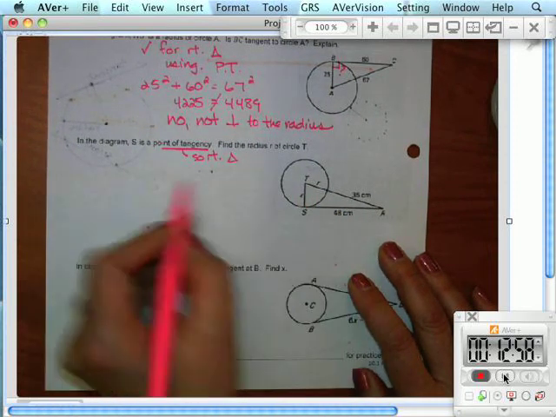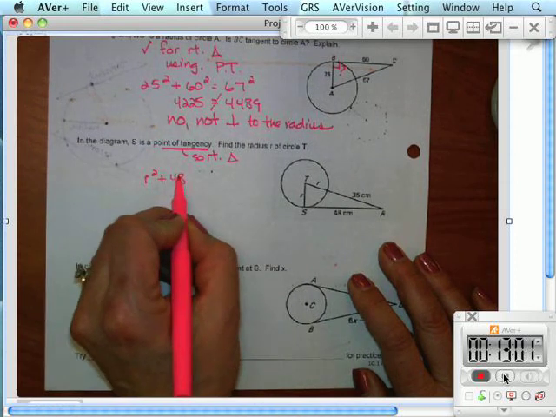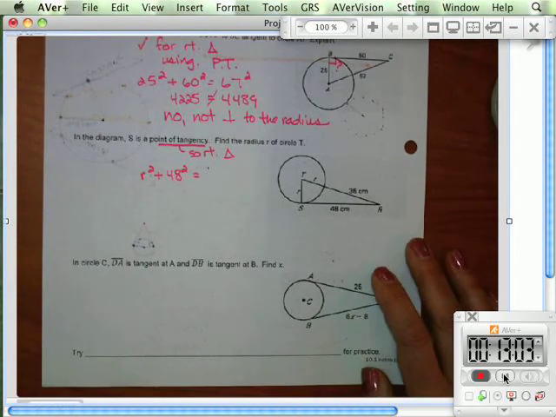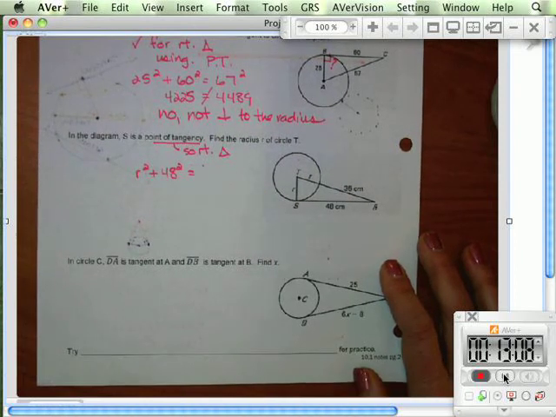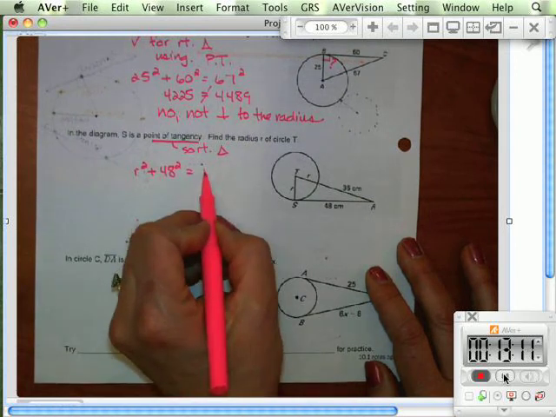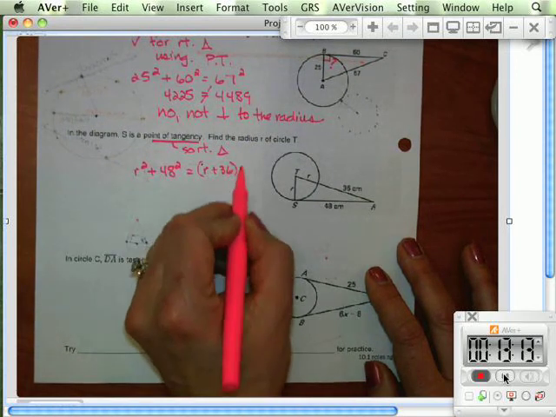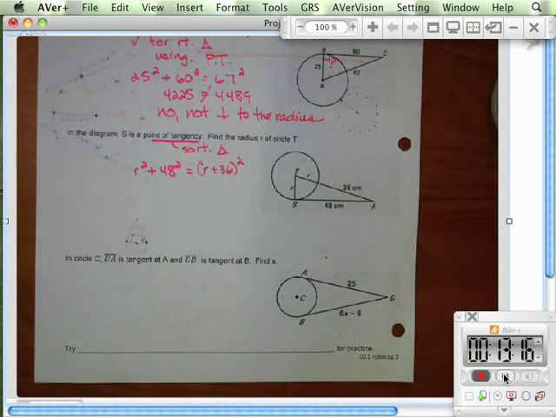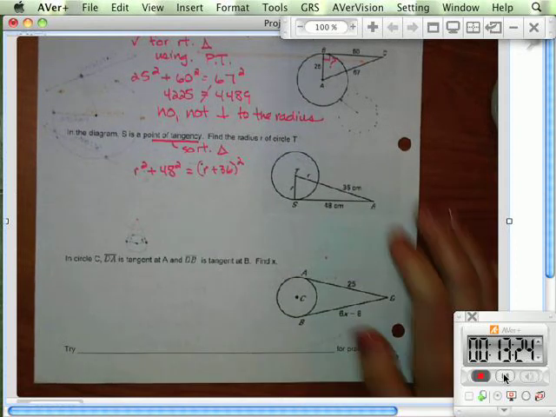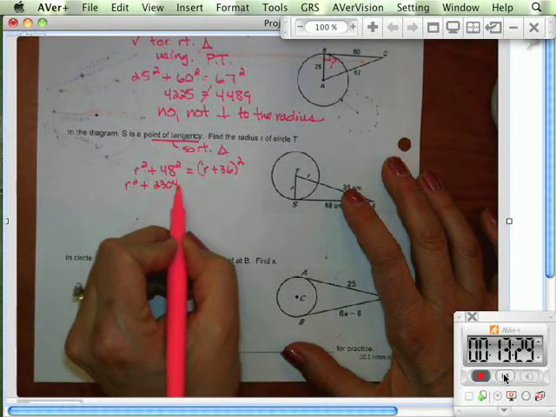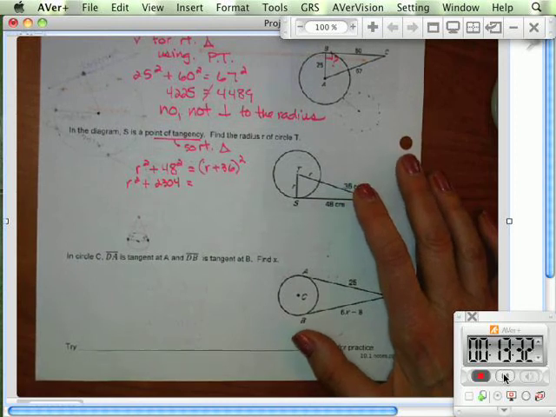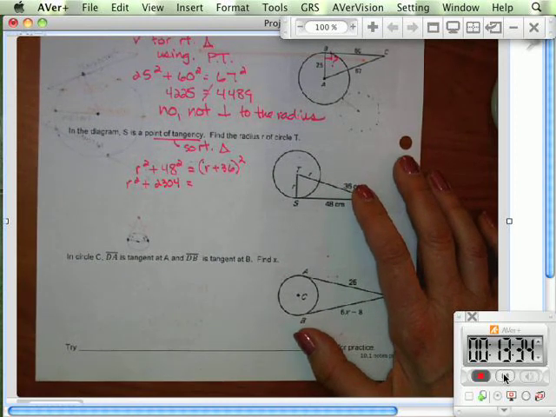So I'm going to write R squared plus 48 squared equals, don't say just 36, because it's not just 36. It's R plus 36, all of that squared. That's why you did the warm-up problem. So we're going to write R squared plus 2,304, and you got to FOIL this.